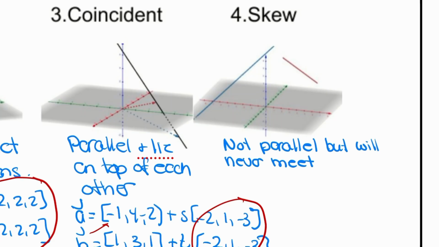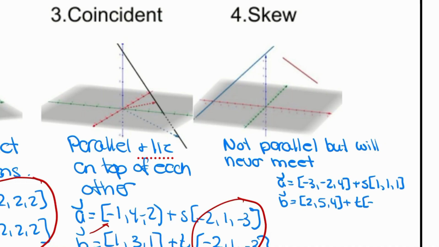So we could have an example here again where we have a vector equation with position vector negative 3, negative 2, 4, plus some scalar multiple of our direction vector 1, 1, 1, and a second line with a position vector of 2, 5, 4, plus a scalar multiple of some direction vector.